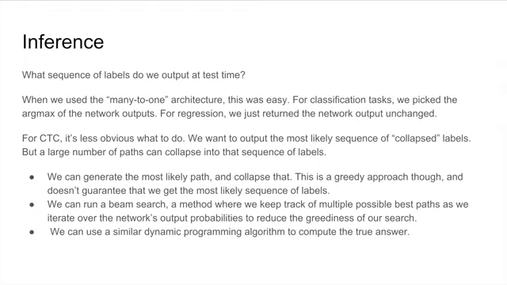There is a more intensive algorithm to determine the true answer, but we can also run an approximate search, a beam search, which is a method where we keep track of multiple best paths and iterate over these to reduce the greediness of our search, but not come to an exact answer. This is generally what we're going to use and suggest that you use in your assignment.